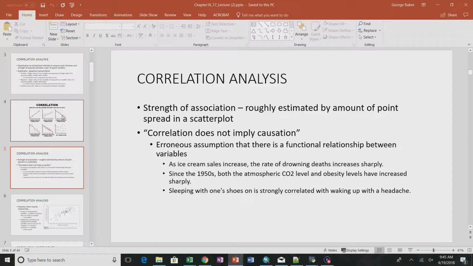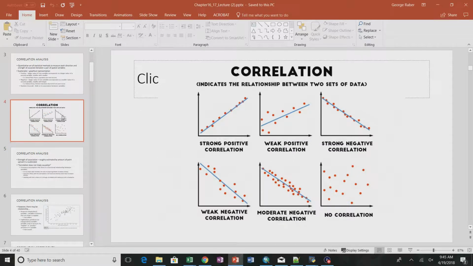If it doesn't spread that much, we'll be getting a value closer to 1. And by the way, we have a trend line on these plots, but typically when we're just talking about correlation, we wouldn't even have a trend line, when we're just talking about how much they're related to each other. But the trend line is useful for kind of seeing that relationship. When we talk about regression, we definitely put a trend line on there.